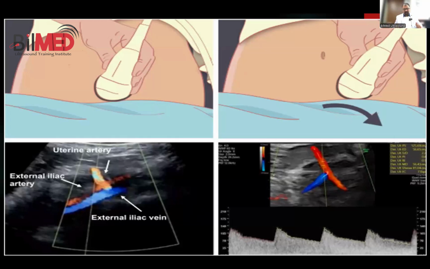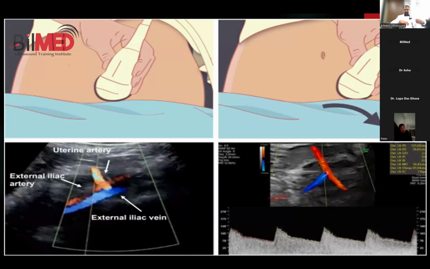When I say term pregnancy, I will not be much concerned about the uterine artery, because the uterine artery has done its job in a second trimester, because uterine artery is more for prediction. But the point is I will not be more concerned about the uterine artery in a term pregnancy. The question here is how to check for the uterine artery.